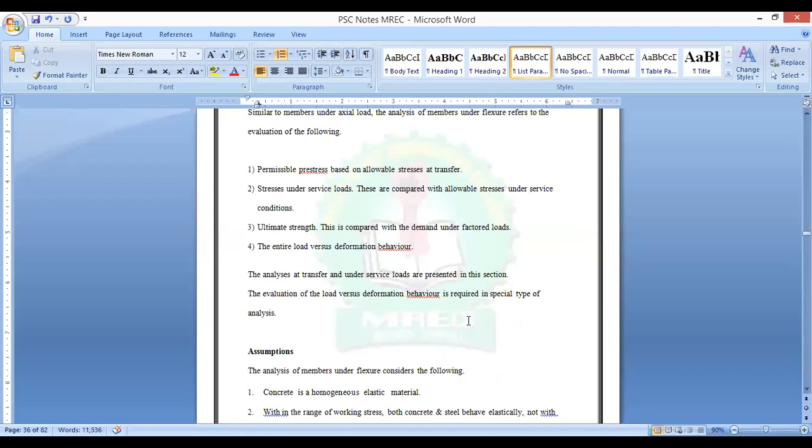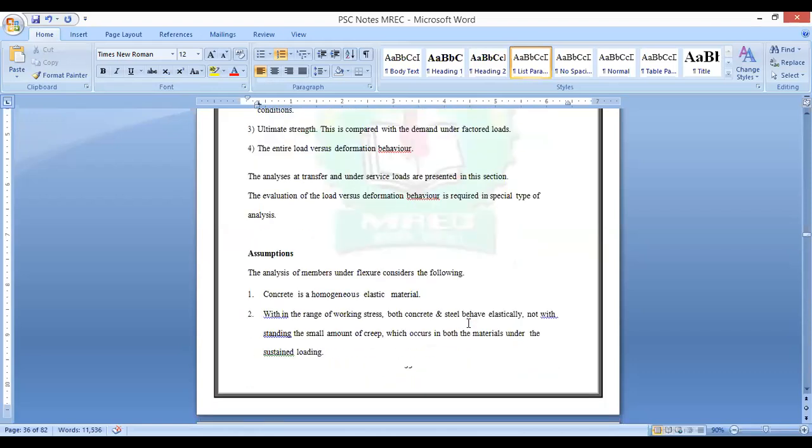And coming to the assumptions. While you studied bending stresses in your strength of materials, you studied bending stresses and shear stresses, isn't it? Even while deriving the pure bending equation, M by I is equal to sigma by y is equal to E by R, there are a few assumptions. What are the assumptions?